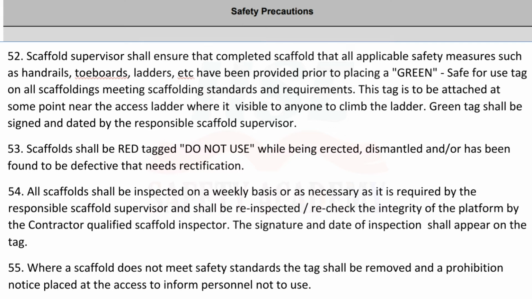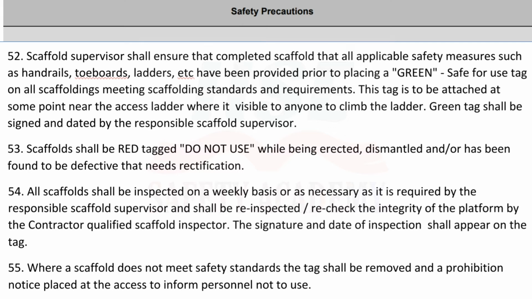Green tag shall be signed and dated by the responsible scaffold supervisor. 53. Scaffolds shall be red tagged, do not use, while being erected, dismantled or when found to be defective and needing rectification.